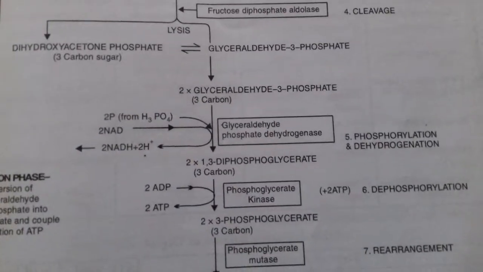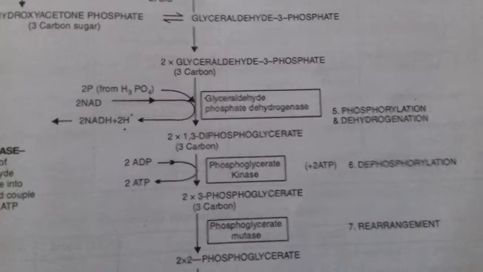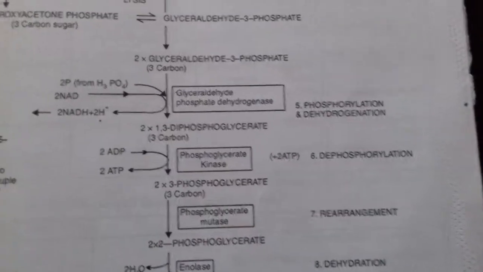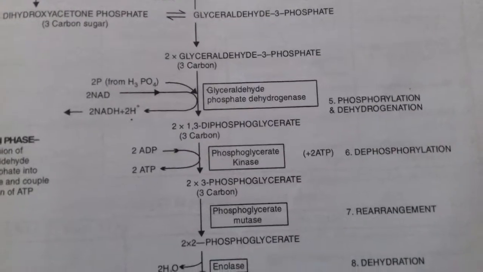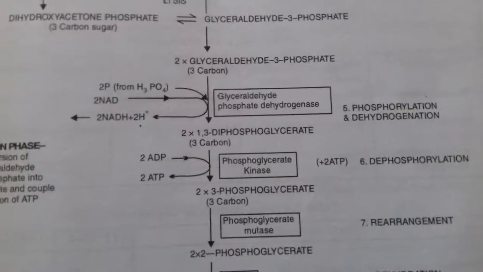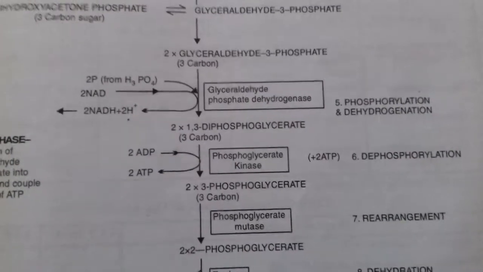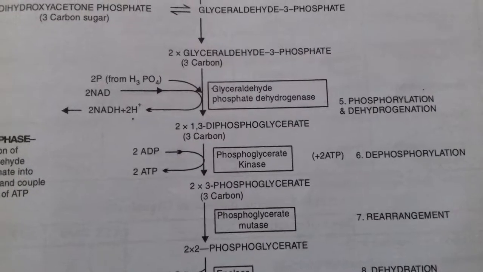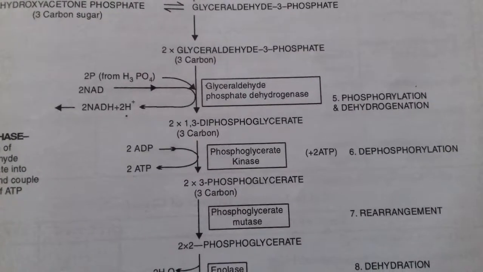Now after two molecules of glyceraldehyde 3-phosphate are there, the next step is phosphorylation and dehydrogenation. In phosphorylation, the phosphate donor will not be the ATP, but the phosphate will be donated by H3PO4, which is phosphoric acid.